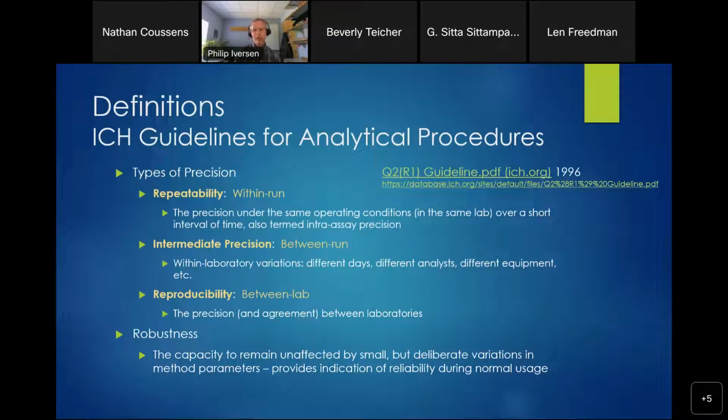You can do multi-factor designs to measure robustness. I'll show an example of that later, where you intentionally tweak some of the conditions of your assay over a narrow range to see how consistent the results are. And that can provide an indication of reliability during normal usage of the assay, where you can't guarantee that things will be exactly the same from one day to the next.